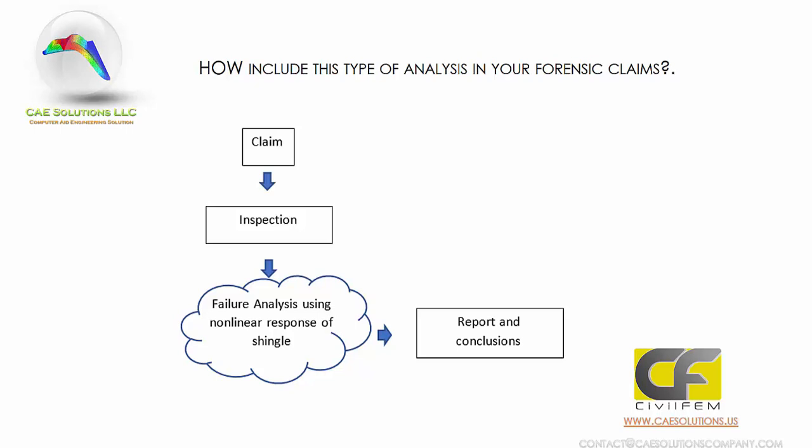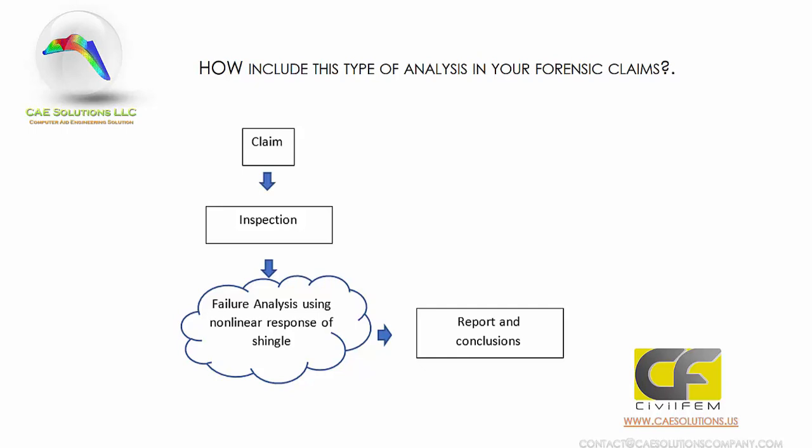How to include this type of analysis in your forensic claim? It's of special interest to engineers to know the cause of roof damage, and more recently for hurricanes. We all know that the main effect of the intense winds on the roofs produces the detachment of the shingles, produced by wind force causing the suction or uplift. The failure process begins with the sealant and then passes to the nails.